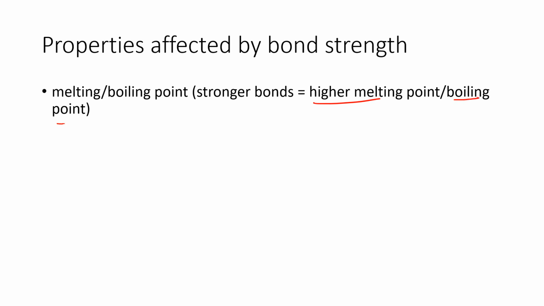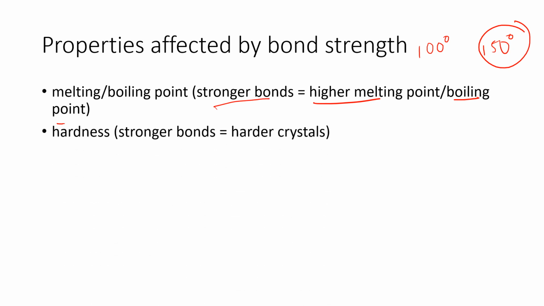For instance, let's say two different substances had two different melting points, 100 degrees and 150 degrees. The one with the higher number would have a stronger bond, meaning it would have a higher lattice energy.